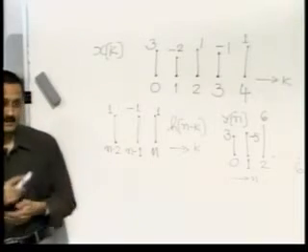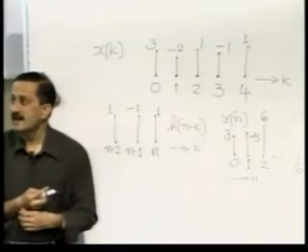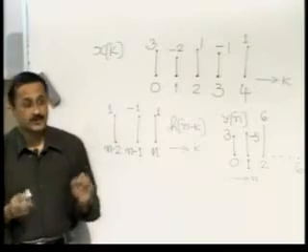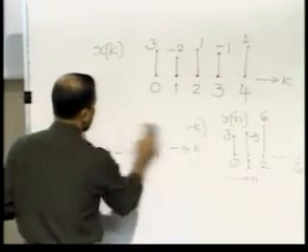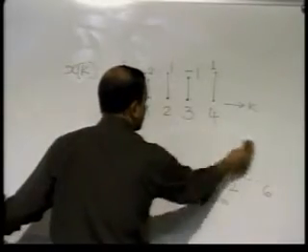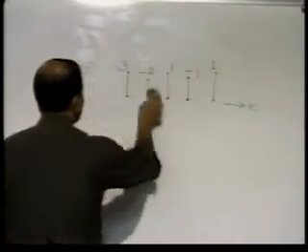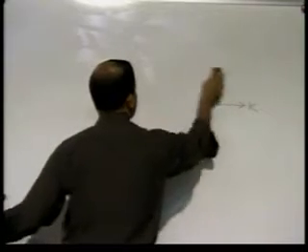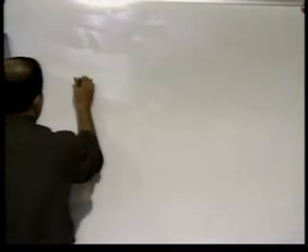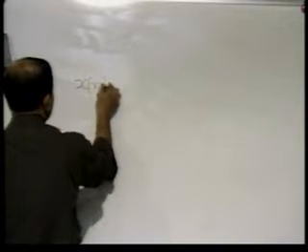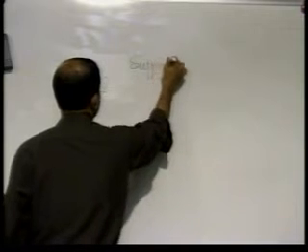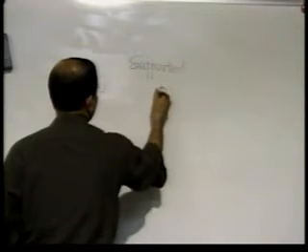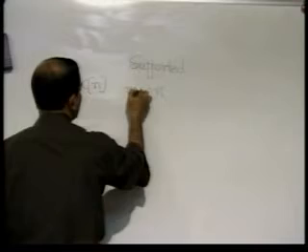Now the calculation is clear. What we need to emphasize are some points in regard to the range of non-zero values. In general, suppose we have a finite length pair of sequences. So suppose we have the sequence xn supported, now I use this word support, for n between n1 and n2.